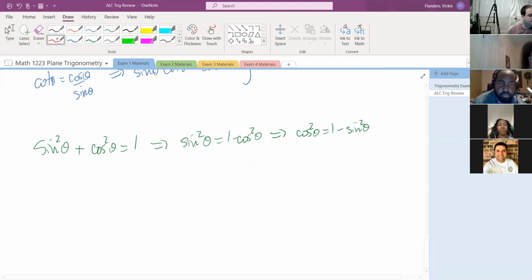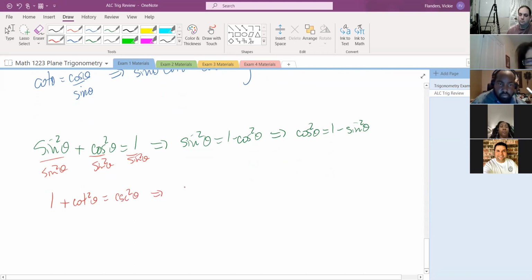So I'm going to show you something real quick. All I do is divide by sine squared theta on both sides, making sure you distribute. Division is also distributed like multiplication. And so what do I end up with? I end up with 1 plus cotangent squared theta is cosecant squared theta.